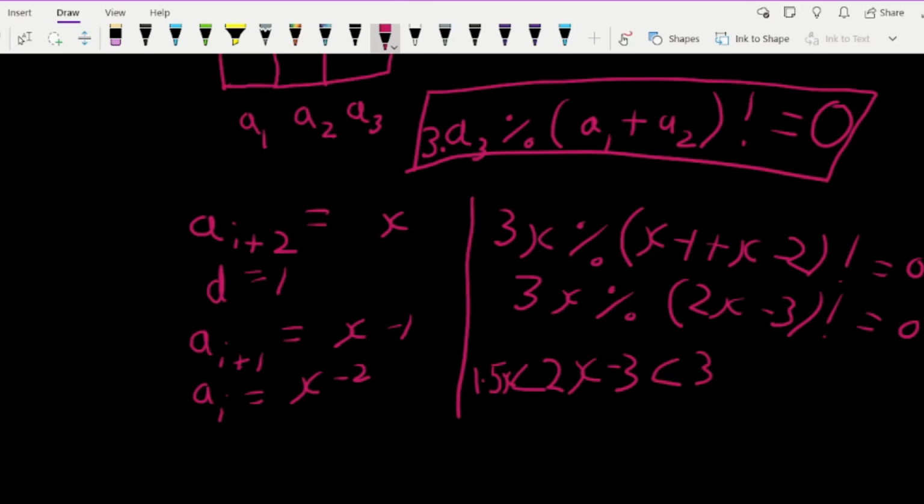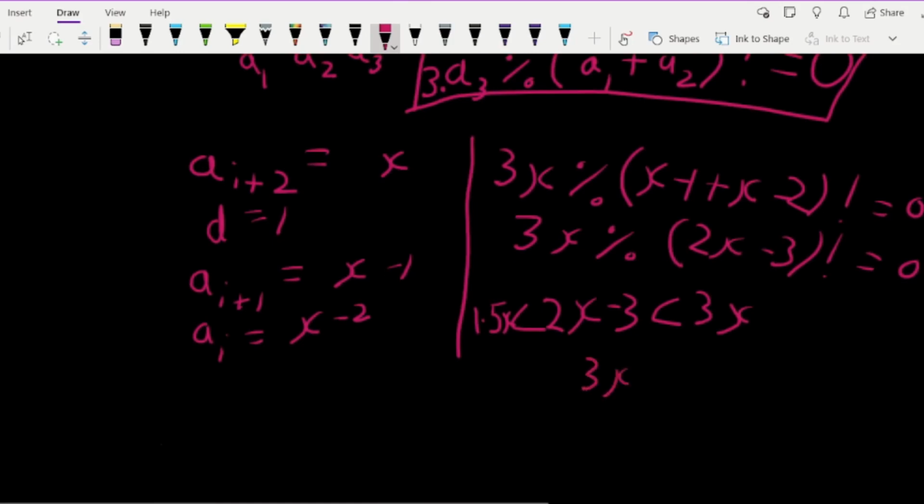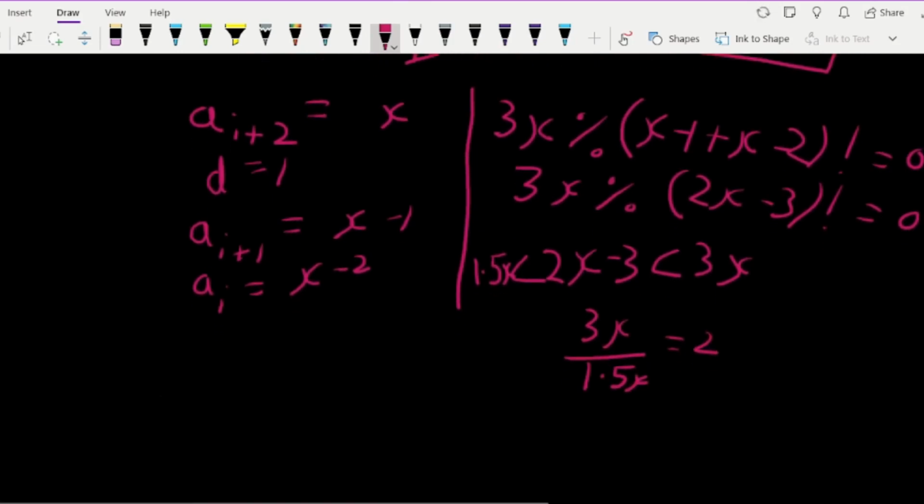and 3x, then this will not hold true, because suppose this 3x, if you divide 3x by 1.5x, then the result will be 2. But if we increase this denominator beyond 1.5x and keep it not equal to 3x, then this will not be divisible, right?